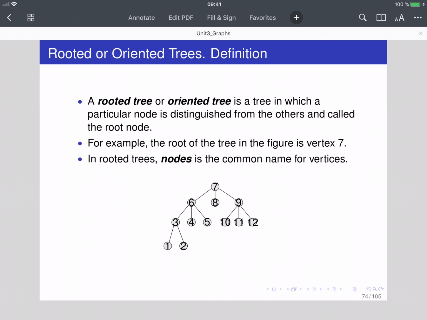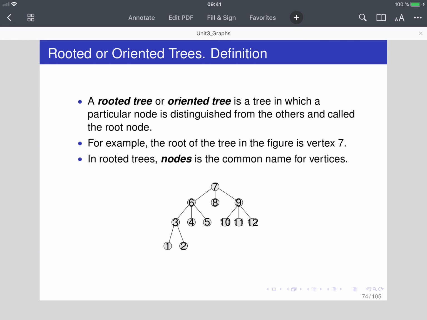For instance, if we have the tree of a file system, then we have the root folder, and that folder is different from the others. It's important. If we have a game tree, for instance, the initial position is important, is different from the other positions because that's where we start.